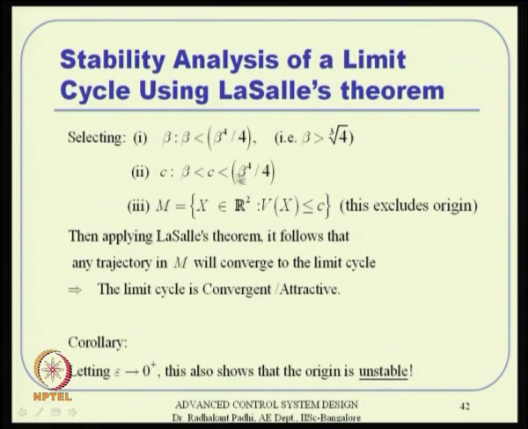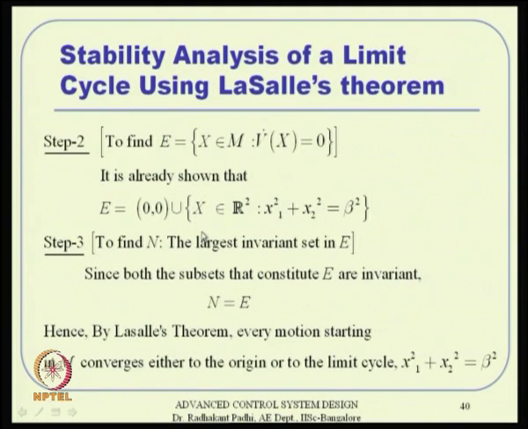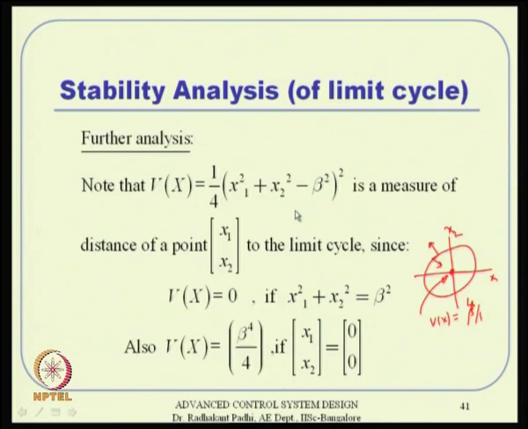If I exclude the origin, then anywhere else I start, the largest invariant set contains only the limit cycle. Because I am not considering a region to begin with where the origin is included, I am excluding that. So, if I exclude that, then everything will go to the limit cycle.